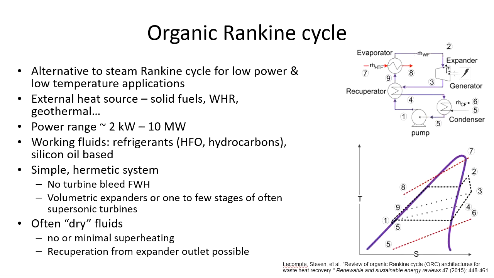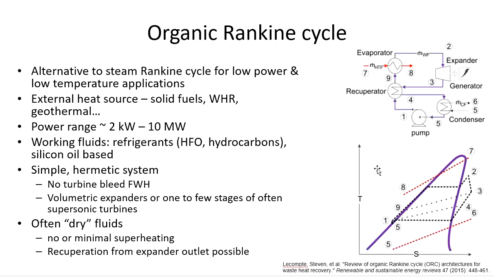The vapor is routed to the expander, where it expands and produces power, then converted in generator to electricity. And at the expander outlet, there might be implemented this recuperator before the vapor is condensed in condenser and going to the pump so that the cycle can start again.